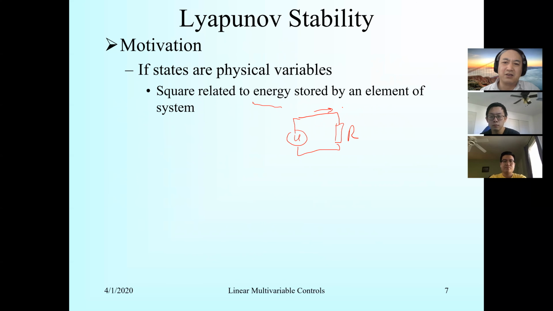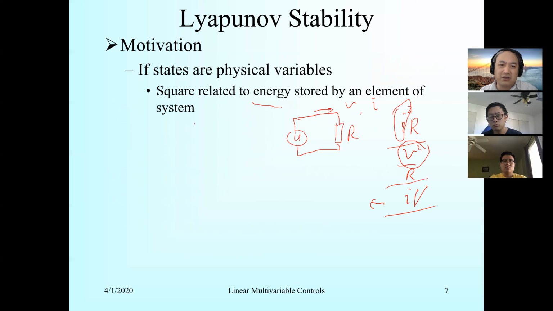The signal here is either V or I. We know the energy inside is I squared R, or V squared divided by R, or I times V. By definition, you can see these are all squares of a signal.